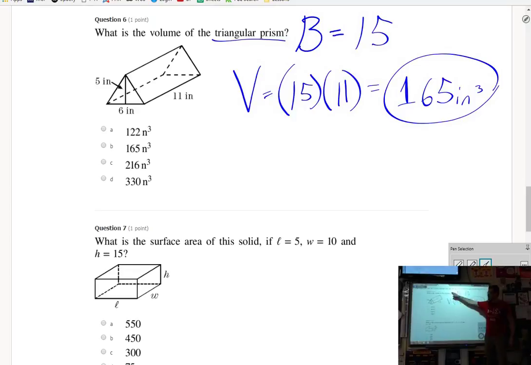When it tells you it's a triangular prism, or when you look at it, what makes a prism is having a shape on one end and the identical shape on the other end. If I look at this rectangle, there's no identical shape on the other side. It goes to a straight line. If I look at this rectangle, there's no identical shape. When I look at this triangle and I go to the other side, there's my identical pair of shapes. That makes my triangle the base.